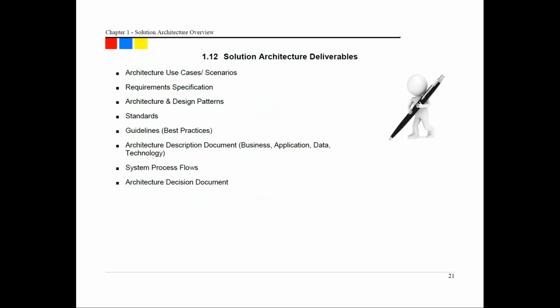What are the deliverables of solution architecture? Well, again, I'd like to point out that there are various needs or types of stakeholders. To explain this, I go back to the parallels with building architecture.